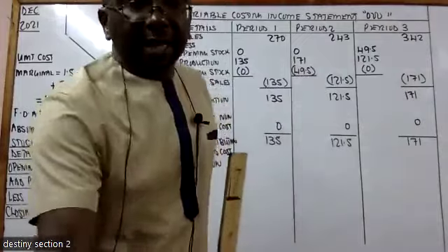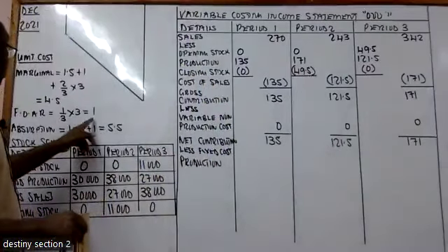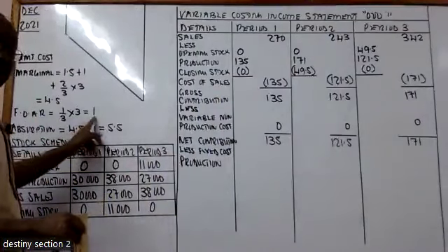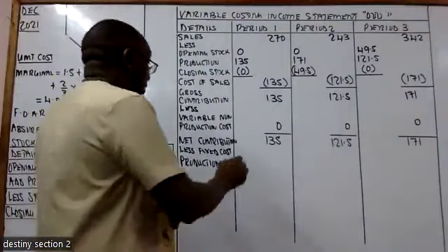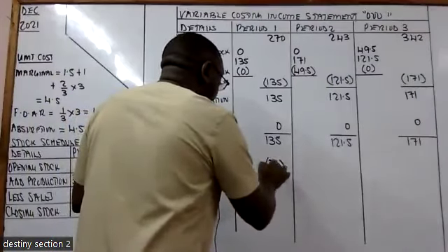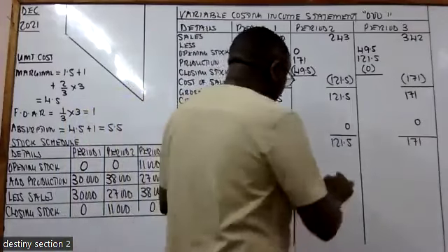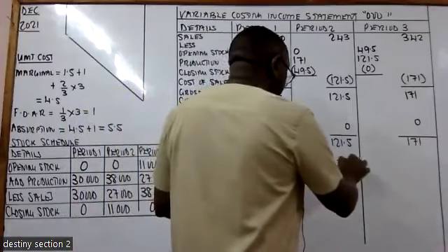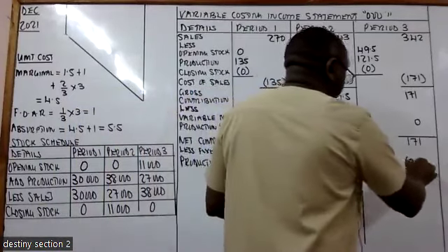So it will be 30,000 times this one per unit. So it will be 30 times 1. So here, unaiweka hapa 30. Alafu unaiweka hapa 30. Na unaiweka hapa 30.